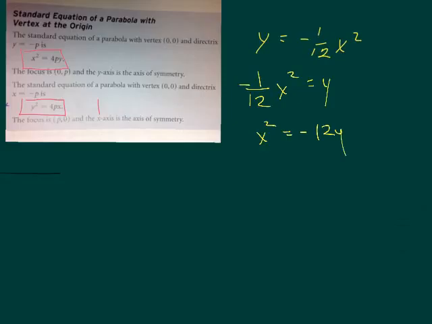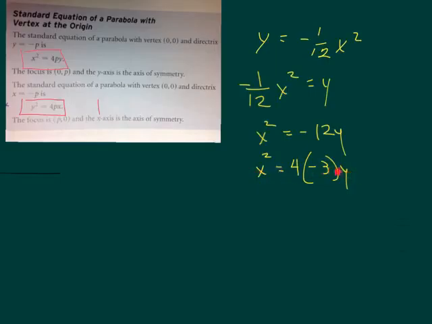Now, at this point, I don't quite have my problem set up this way because there's a 4 there and I've got a negative 12. But I can factor out a 4 and be left with a negative 3 right there. So there's my negative 4. So what I have here is my x squared, I've got my 4, and my p is going to be negative 3, and then I have my y. Okay, so that's in the format I want.